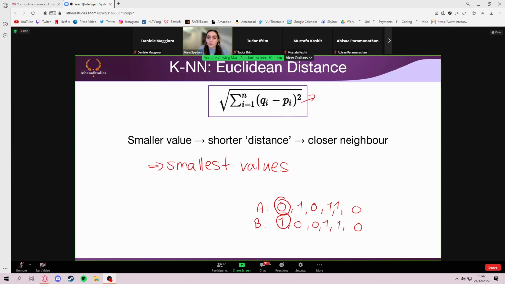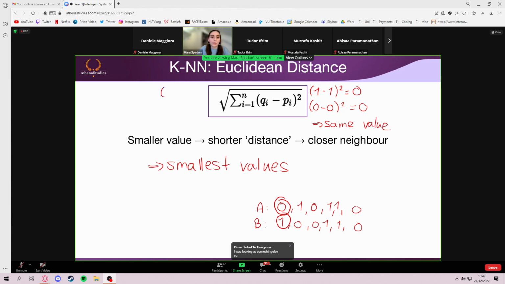So let's see what happens if we would fill this into this formula. So let's say Q is 1 and P is 1, and we square this value. What value do we get there? Zero, exactly. So if they have the same value, they're 0. When they're both 0, then it's also 0, right? So this is when they have the same value.